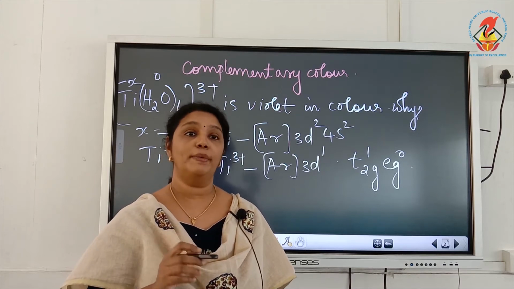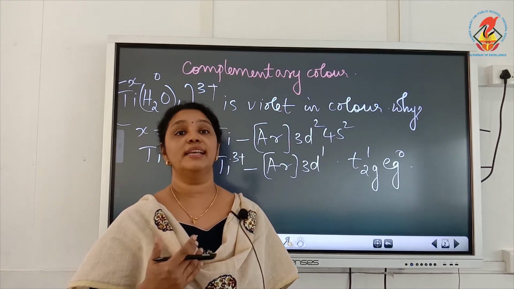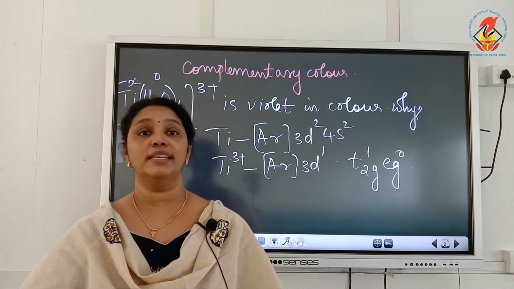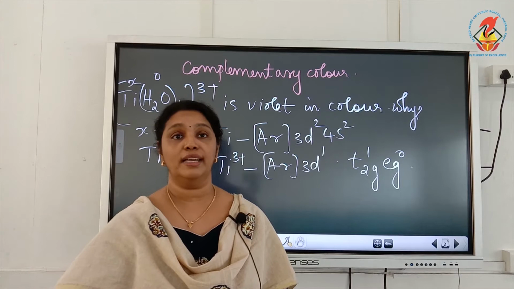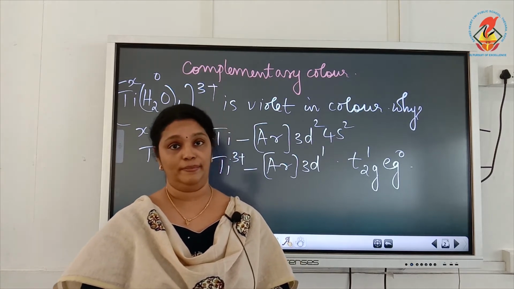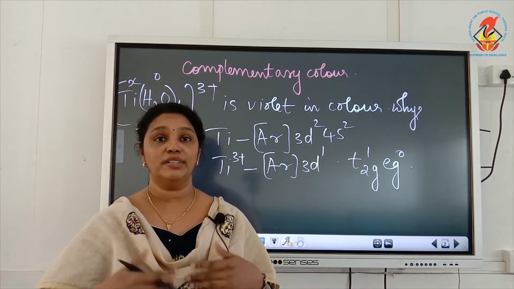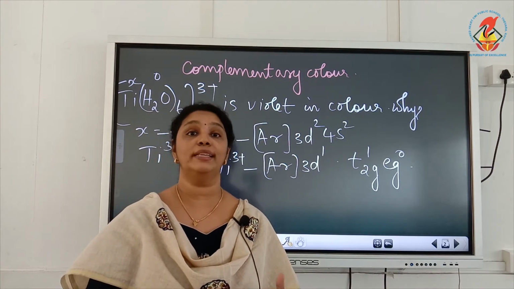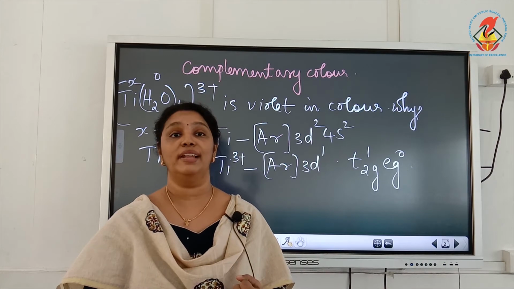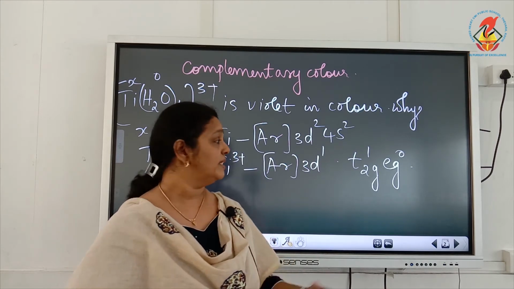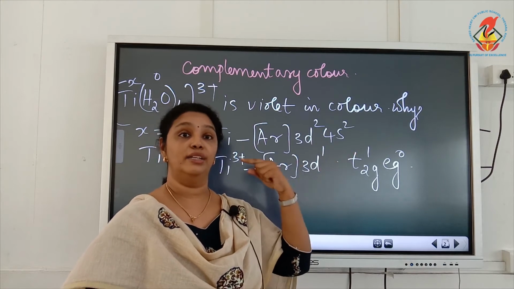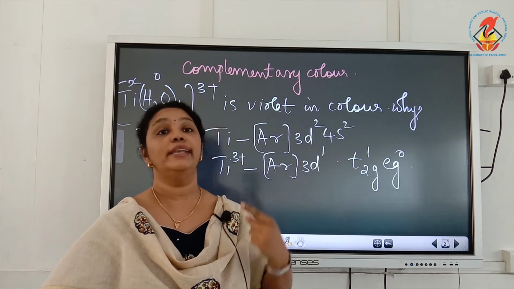Now what happens when you pass light through this complex? It absorbs wavelengths corresponding to the yellow-green region, and the complementary color that is produced is violet. So what happens on absorbing that yellow-green wavelength? The electron present in the t2g orbital gets excited and goes to the higher energy eg orbital.